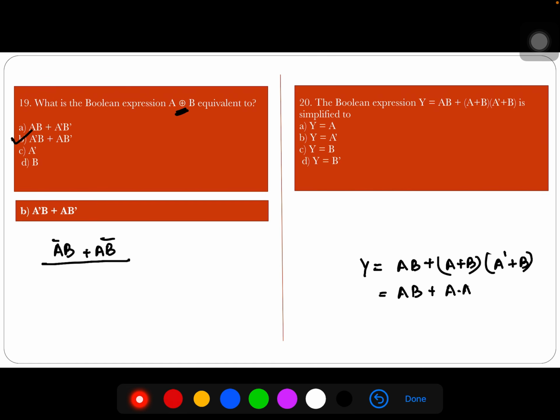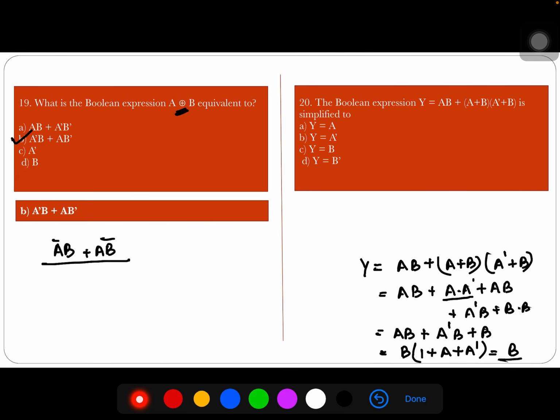A bar, AB, A bar B and plus B dot B. A dot A bar will become 0, so it will be AB plus AB. You can write only one AB, because A plus A is equal to A. A bar B plus B, because B dot B is also B. Now you can take B common and you will be left with 1 plus A bar. 1 plus anything is equal to 1, so this is going to be only B. So C is the correct option.